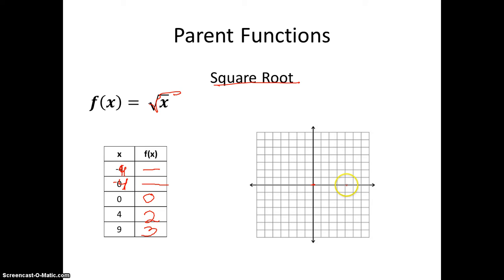At 4, I'm at 2 right here. And then way down here at 9, not up here. So we get this gradual curve, to where it kind of starts to go like that. That's the square root graph.